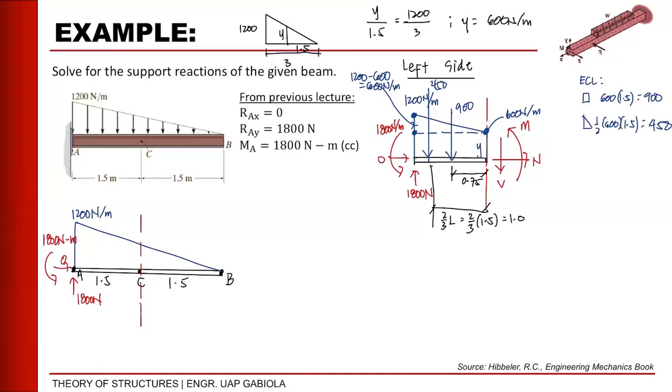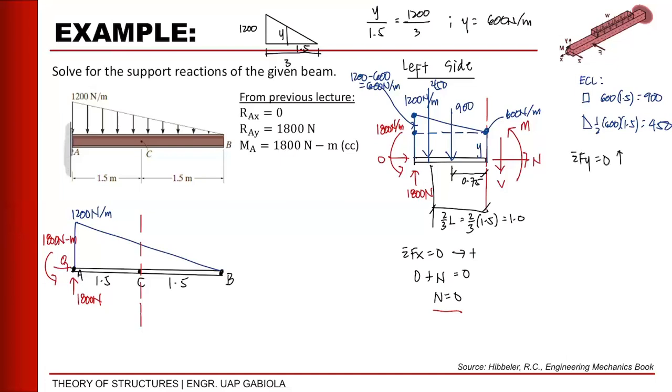So now that the free body diagram of our left side is okay, we can perform our summation of forces x equals 0 for the normal force. Taking right as positive, we have 0 plus N equals 0, or N equals 0. Okay? That will be our first value. Then for y, summation of forces y equals 0.